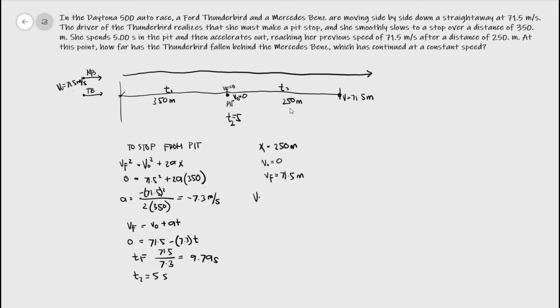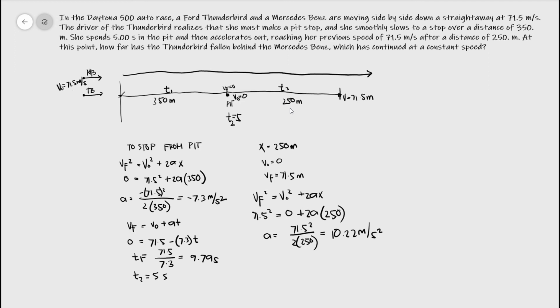Using again our kinematic equation, Vf squared is equal to Vo squared plus 2ax, solving for the acceleration. The velocity after 250 meters is 71.5 squared is equal to 0 plus 2a, then x is 250 meters. Then solving for the acceleration, we have 71.5 squared all over 2 times 250. Therefore, our acceleration here is approximately equal to 10.22 meters per second squared.